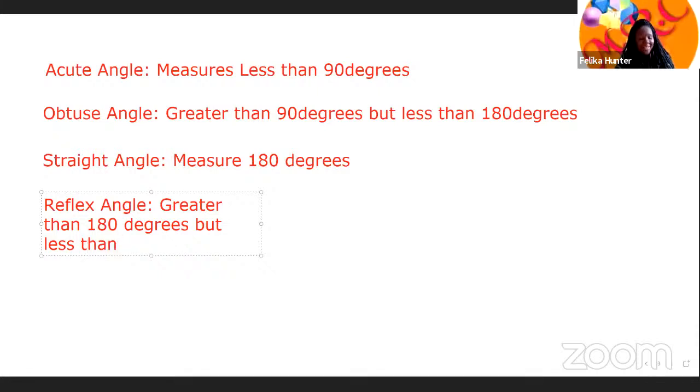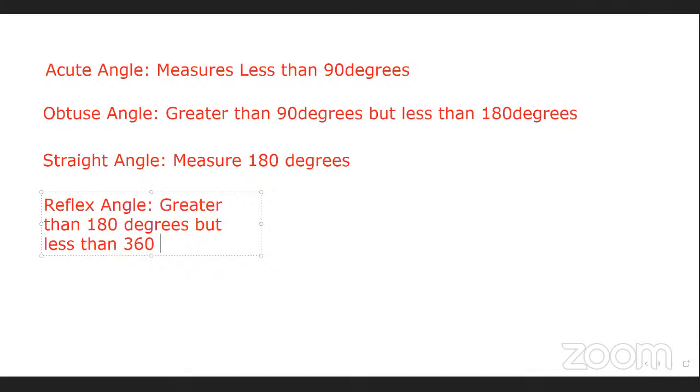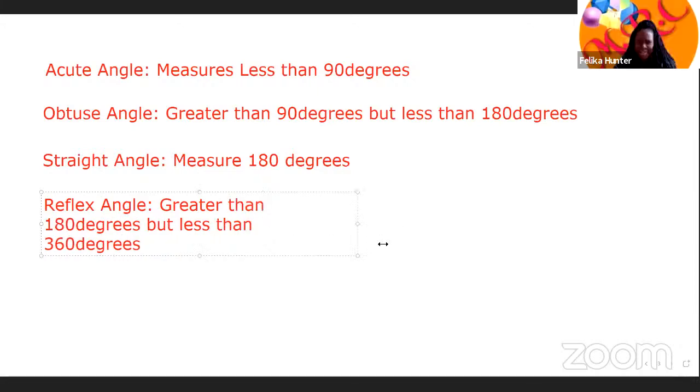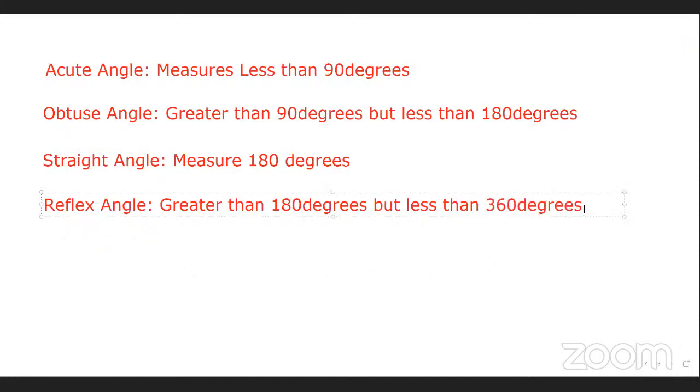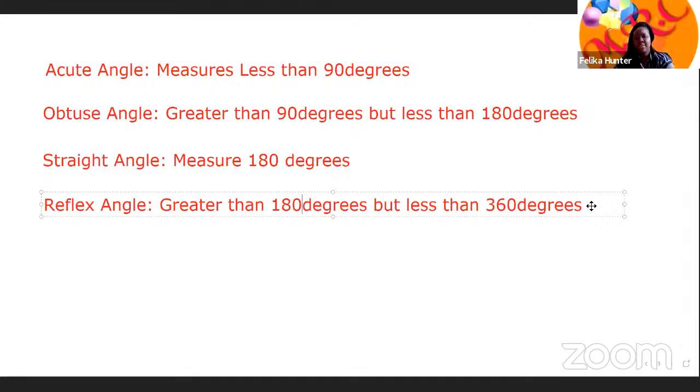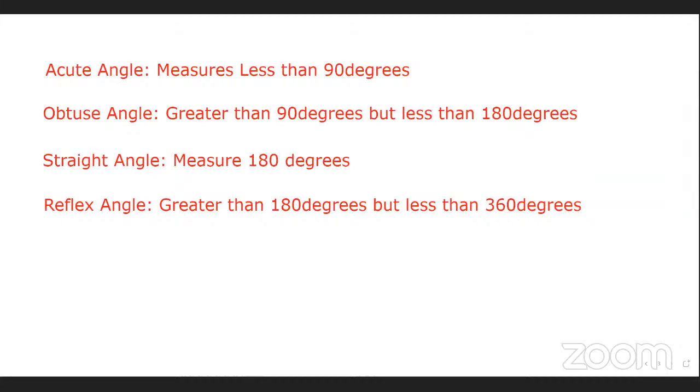If you ask me what is the angle in between 180 and 360, it's technically 240. How do you get 240?